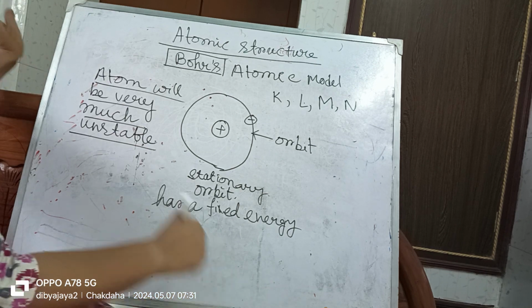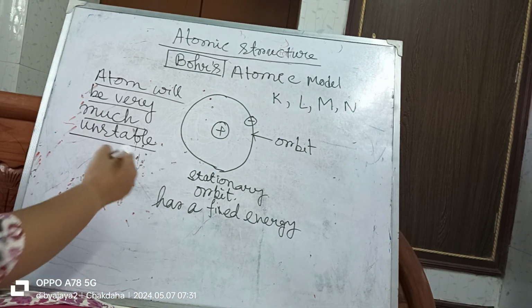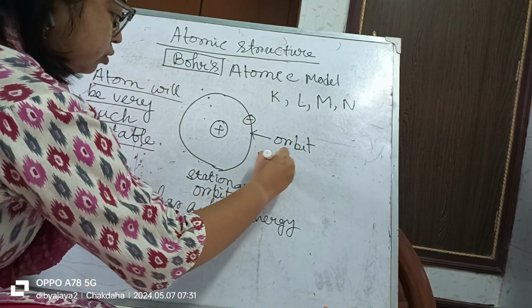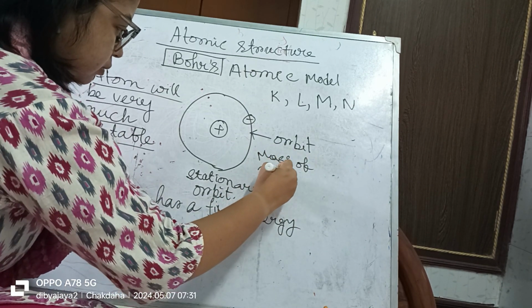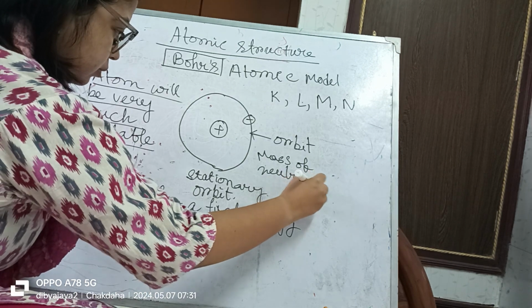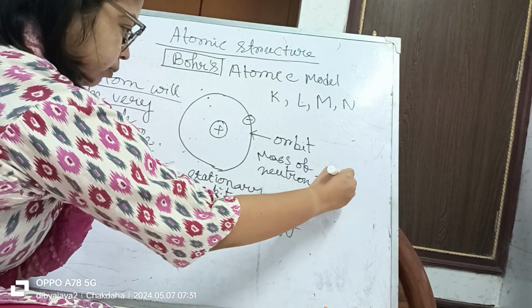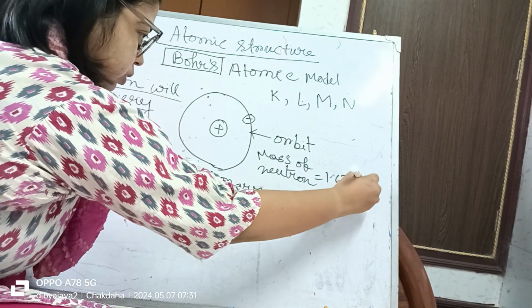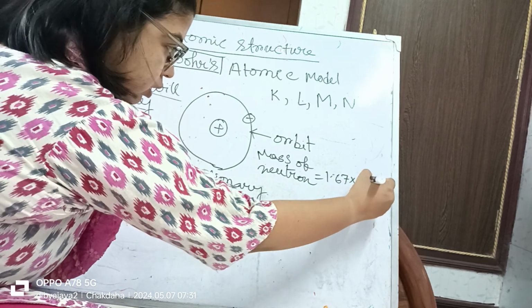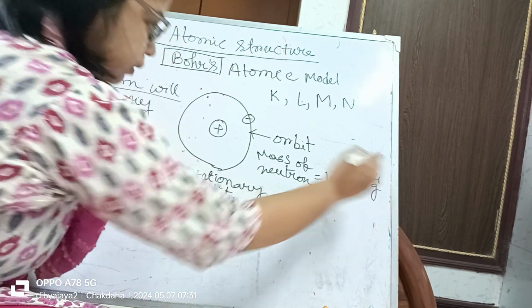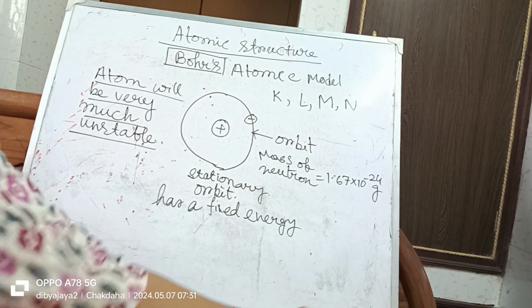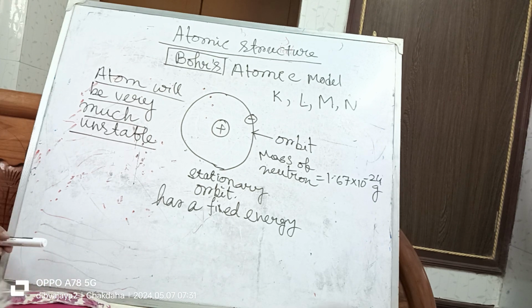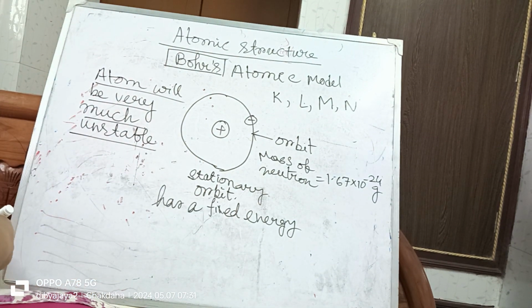The mass of the neutron is 1.67 into 10 to the power minus 24 gram. Dalton's atomic theory and Bohr's atomic theory differences are given in your book, just read it.